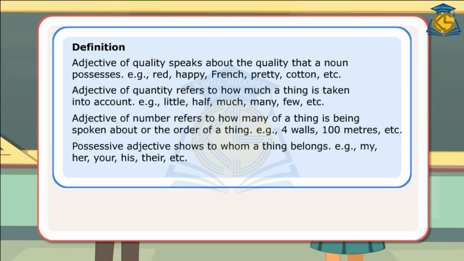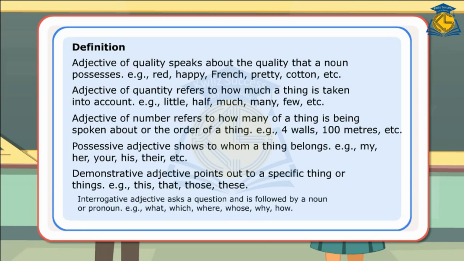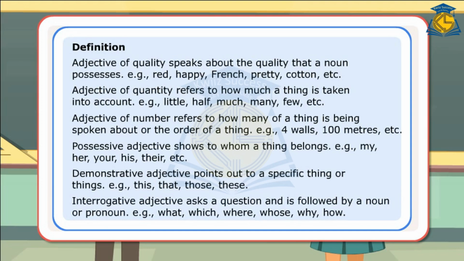Possessive adjective shows to whom a thing belongs. Demonstrative adjective points out a specific thing or things. Interrogative adjective asks a question and is followed by a noun or pronoun.